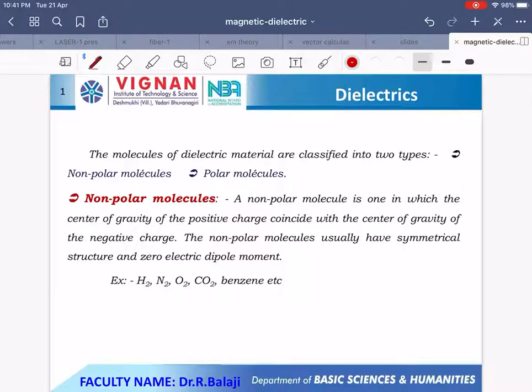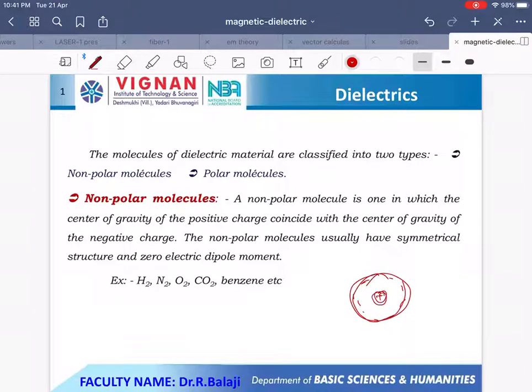The molecules of dielectric materials are generally classified into two types: number one, non-polar molecules, and number two, polar molecules. For example, consider an atom with a positive nucleus and an electron.